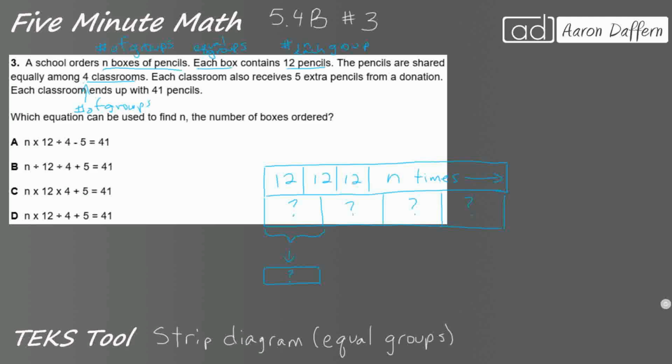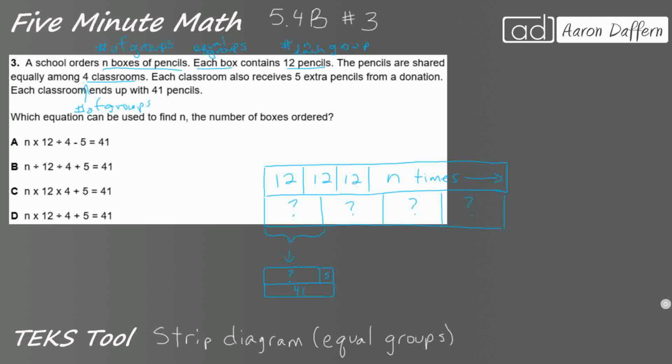Now I need to add 5 pencils. So I need a little bit of extra room. So I'm going to add an extra 5 right there. And then at the end, I finally know that my amount plus that extra 5 is going to get me to, there's my 41. Okay, so that's it.